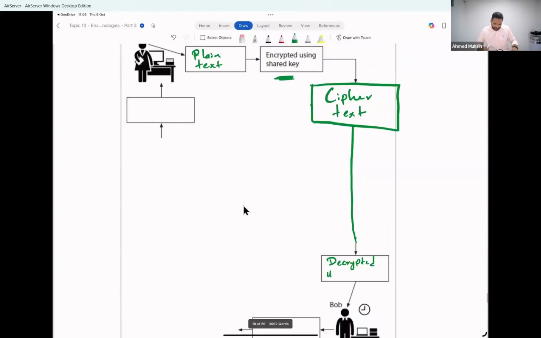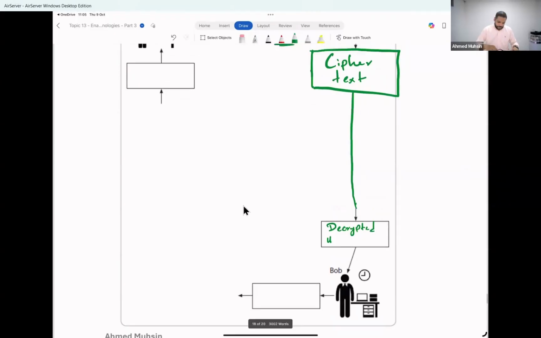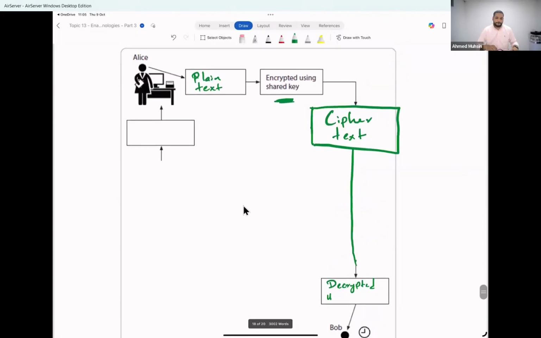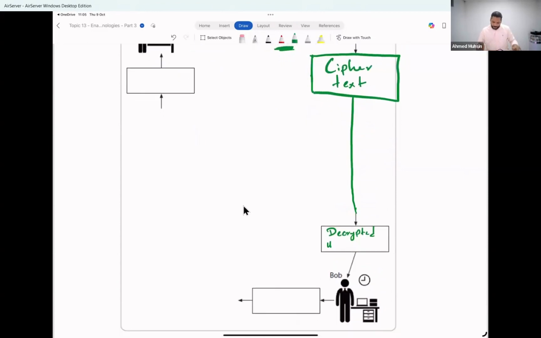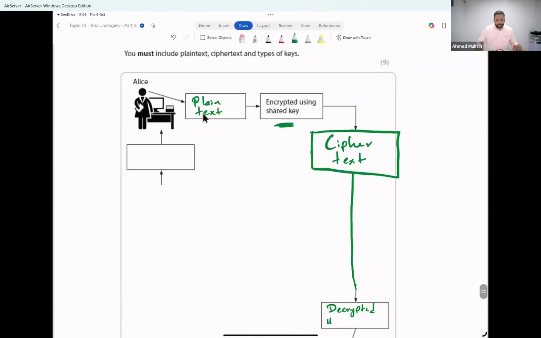So like this. Do another box, and say the equivalent. You get plain text, right? I thought of keeping this as decrypted using shared key, but here they have mentioned plain text first, no? Okay, we'll do it that way then.